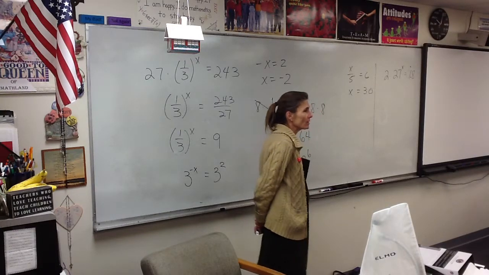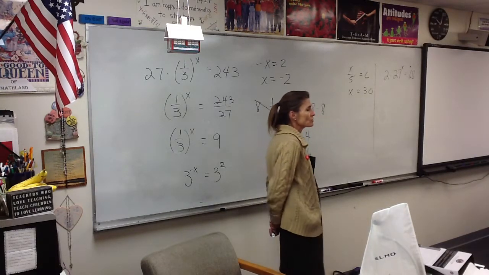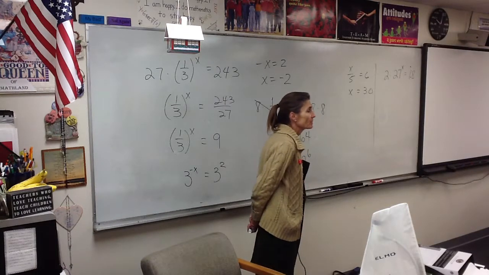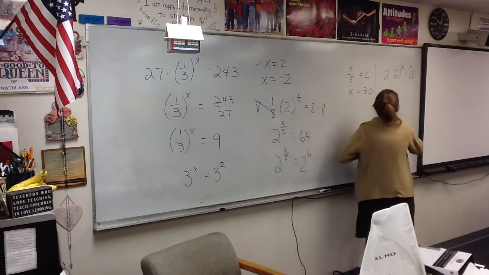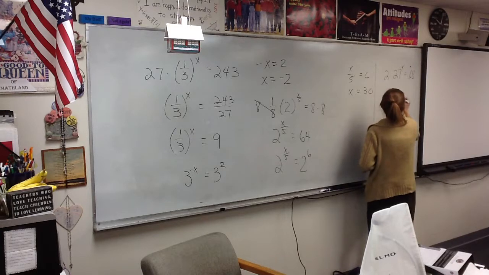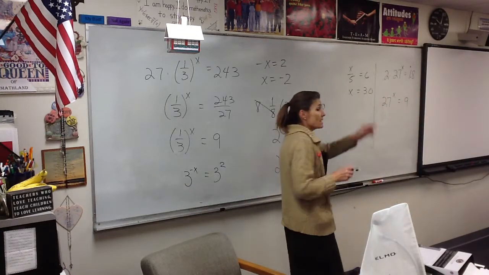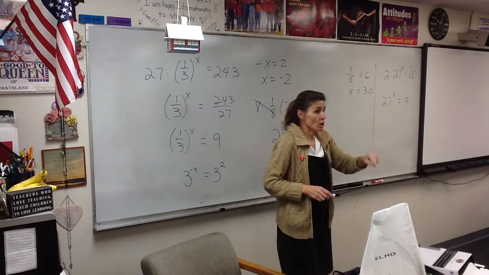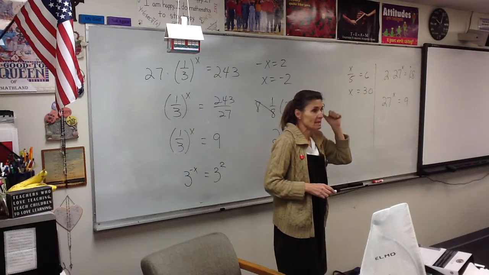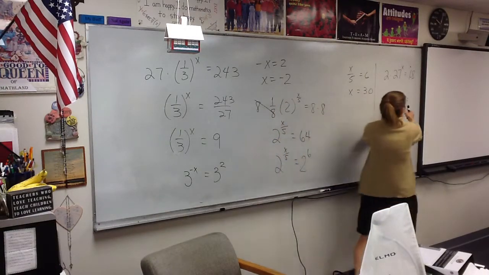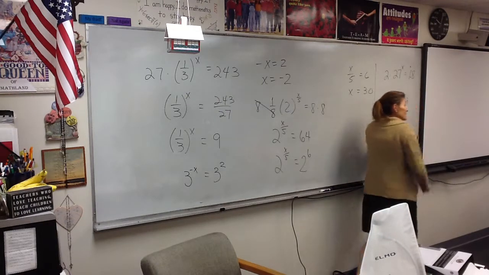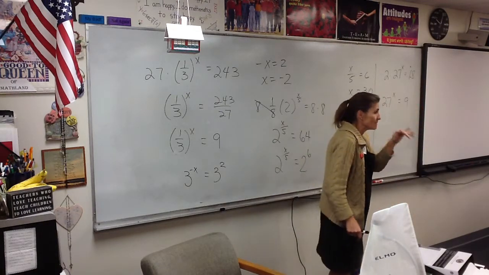Bryce, you got an answer already? Good for you. How'd you start it, Bryce? Divided by 2. Very good. We're going to start by dividing by 2. So 27 to the x equals 9. Now, everybody in the room knows, because we've done a whole bunch of examples, that we need these two numbers to match, right? 27 and 9 are not random numbers.